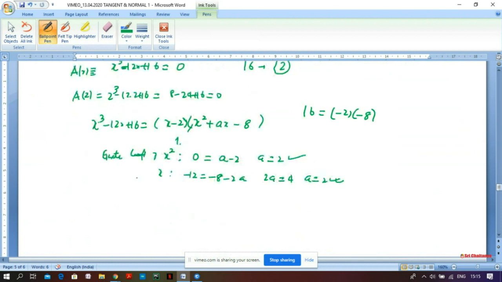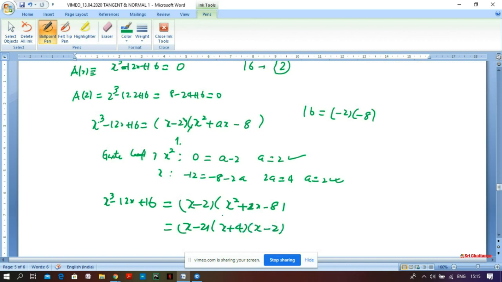So it means we have quickly found that x cubed minus 12x plus 16 equals (x minus 2) times (x squared plus 2x minus 8). This again factors, and we can quickly write (x plus 4)(x minus 2). You can check P(2) is 0.